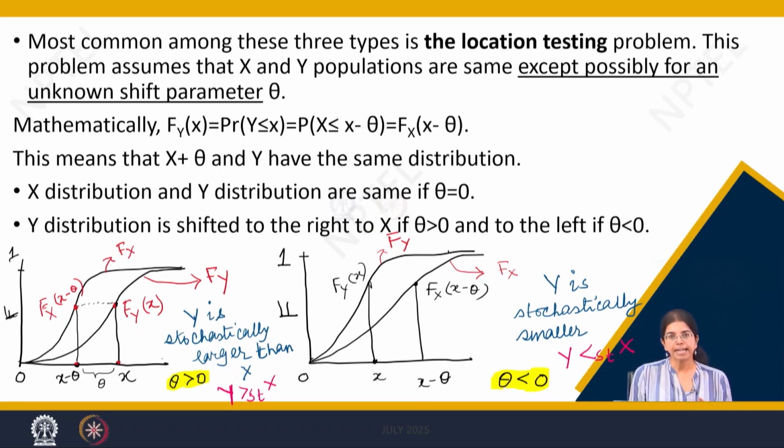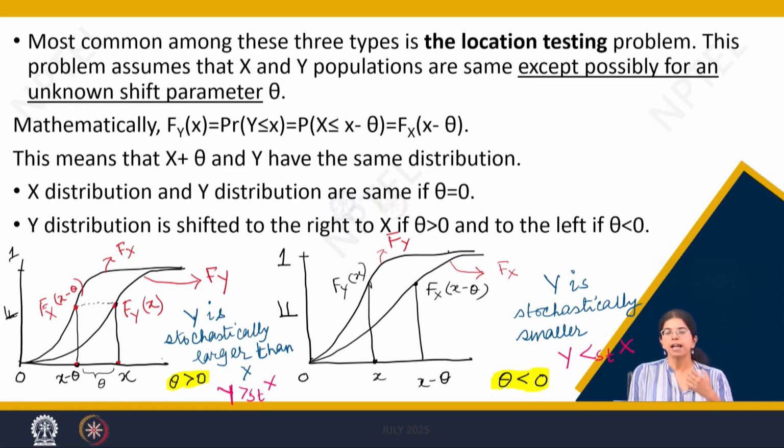Now in this lecture, we are starting with the most usual concept, that populations differ by their location parameter, and that's why it is called the location testing problem. Now suppose you have two random variables X and Y, and we will say that Y is shifted right of X if X and Y share a shift of location by theta.